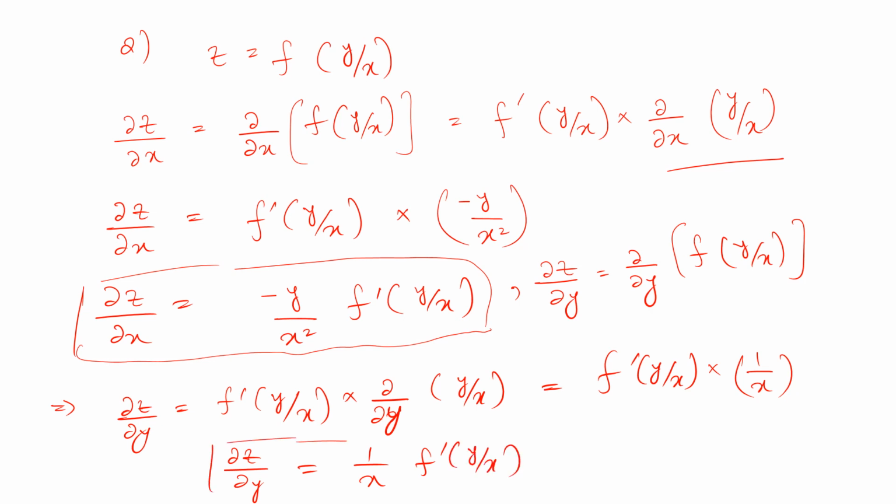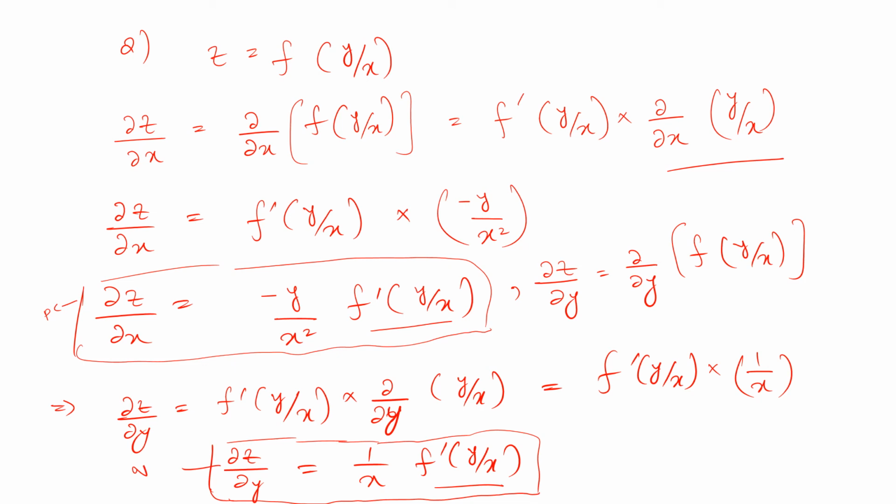Now similarly in this case also we have only one way to solve, that is we have to divide these, in order to remove this f prime of y over x. So we will divide this. This is basically small p and this is basically small q. So we can say p over q.